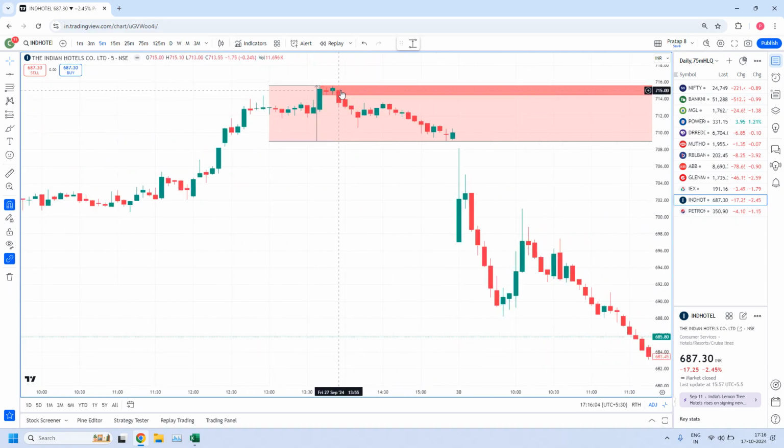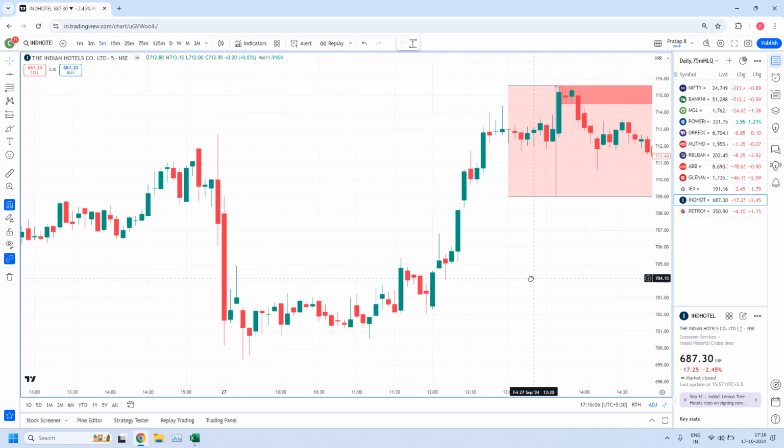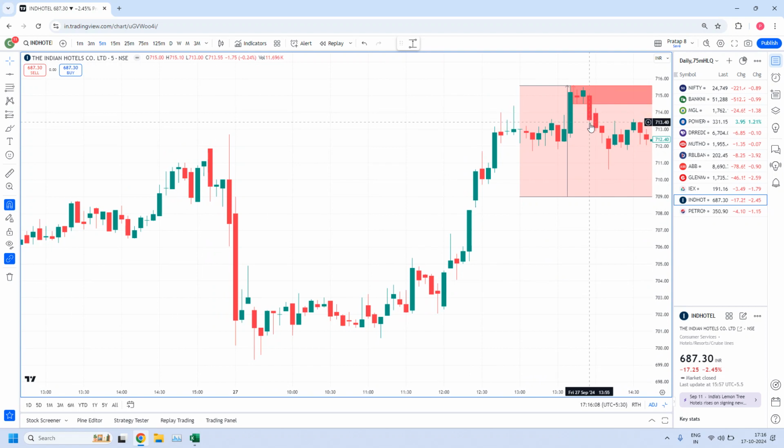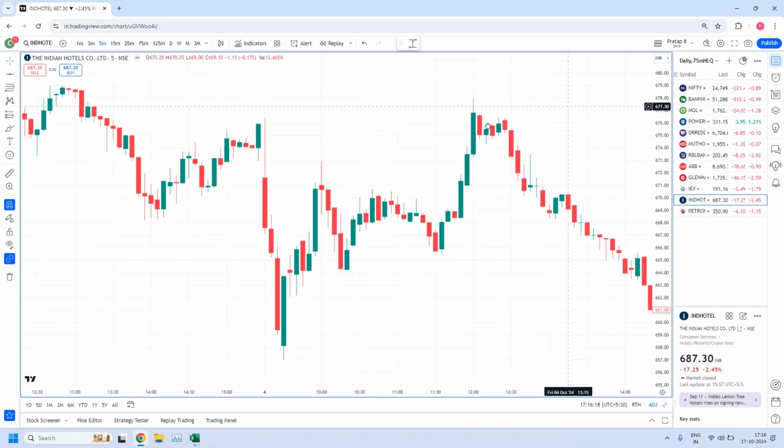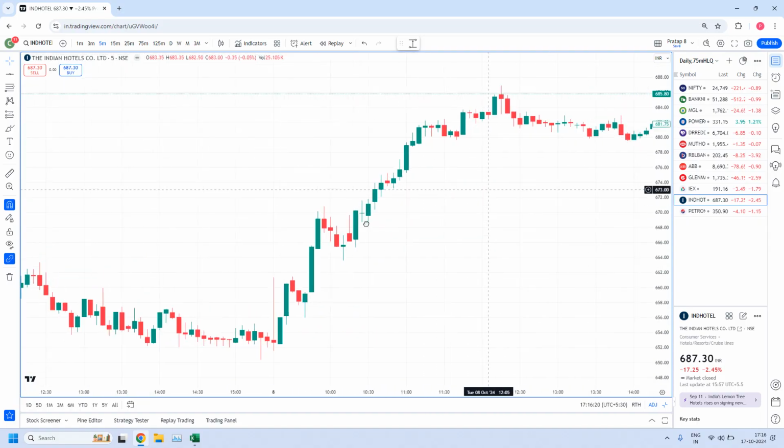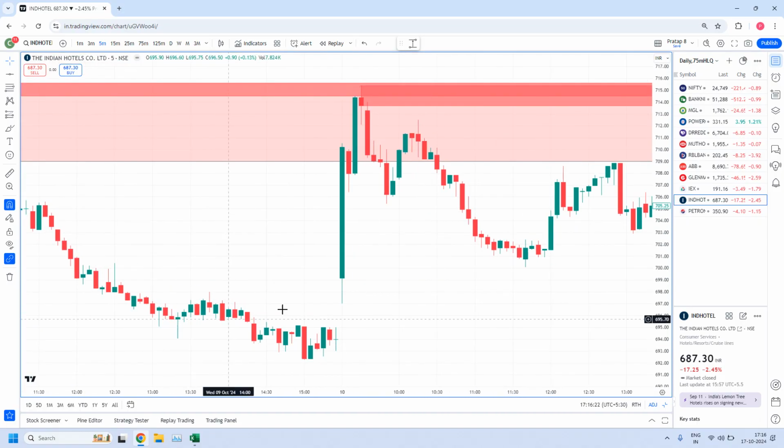See here, rally base drop, but this drop is having LOTL with another 5-minute zone. And that 5-minute zone is overlapped with the 15-minute zone.